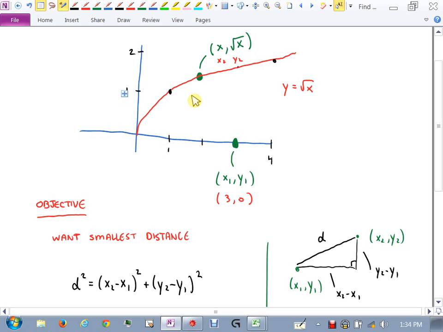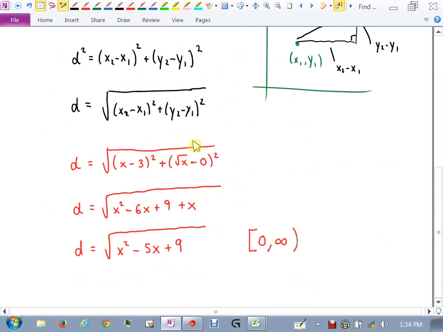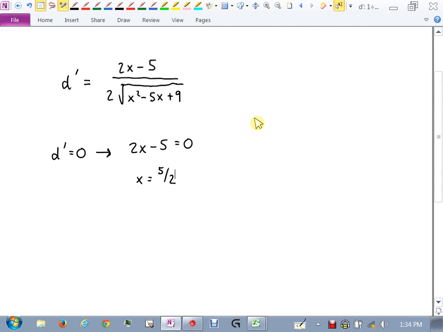So I can pretty much rest assured that I'm never going to have a domain issue of this thing being 0 or being a negative number underneath the root. So I'm not even concerned. Yes? So d prime being undefined or not existing is not something I'm concerned with.